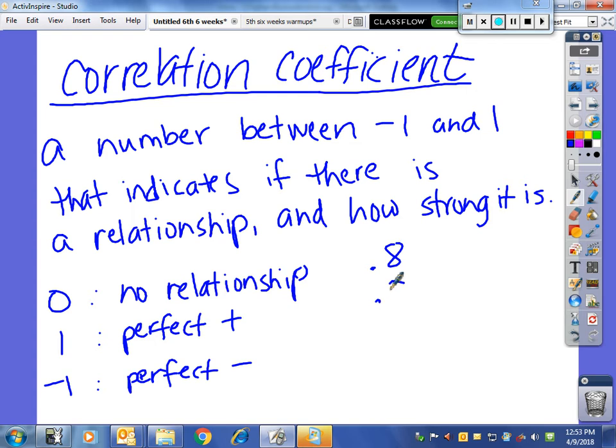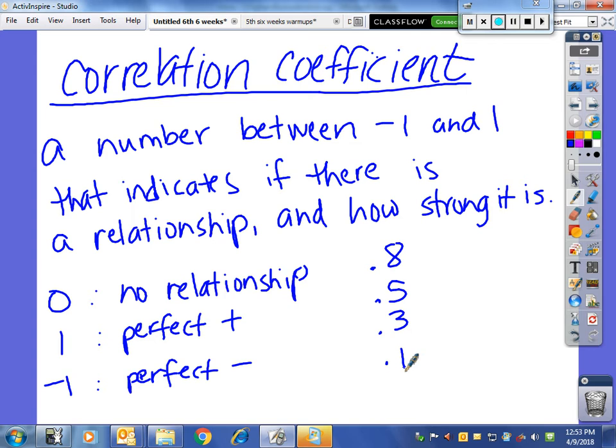What if you had a 0.5? It's not perfect. It's definitely positive, and it's not really called strong or weak. It's in the middle. A correlation coefficient of 0.3. Weak. There is a positive relationship, but it's weak. And if you had like 0.1, that's probably no relationship.